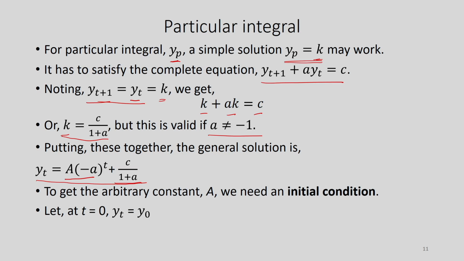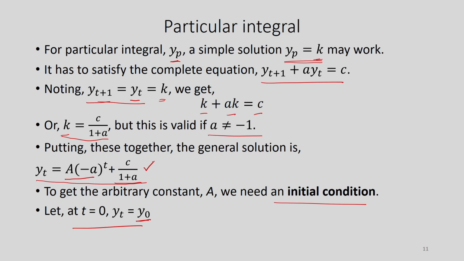Now, we do not know the capital A. To find that out, we need an initial condition. So, suppose the initial condition is this, that at t equal to 0, y_t is equal to y_0. So, I use this information in this equation here.